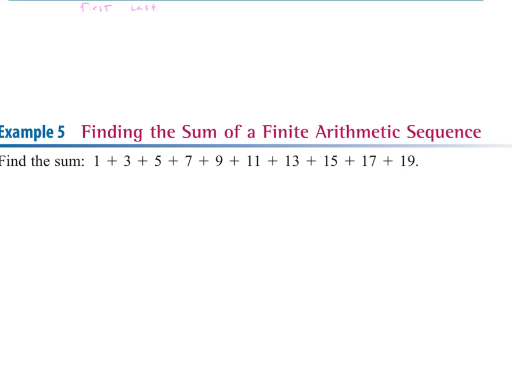10. So just count. 1, 2, 3, 4, 5, 6, 7, 8, 9, 10. So we're looking for the sum of our 10 terms. And that is equal to, our number of terms is 10 over 2. What's our first term? 1. And what's our last term? 19.